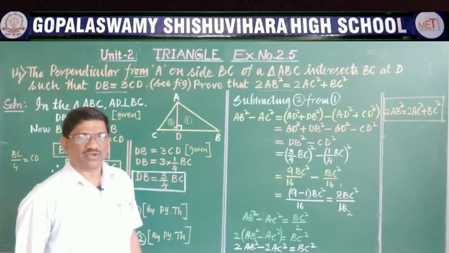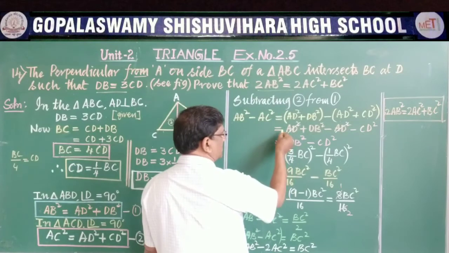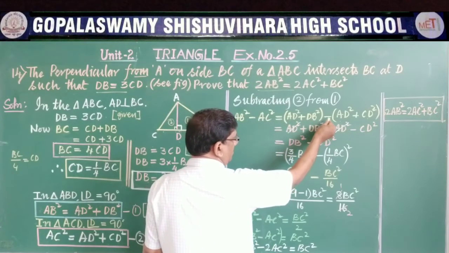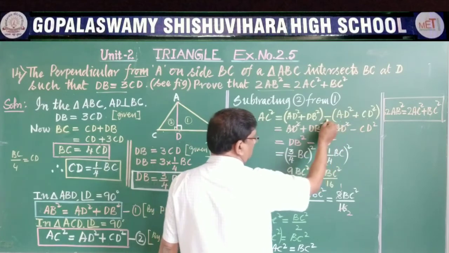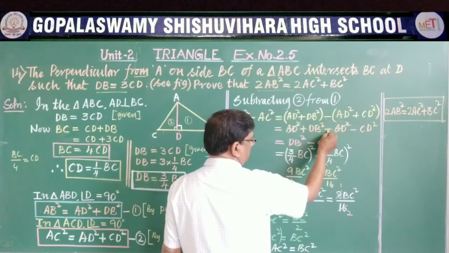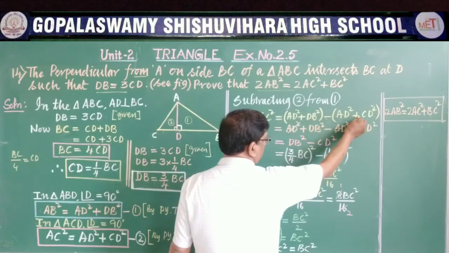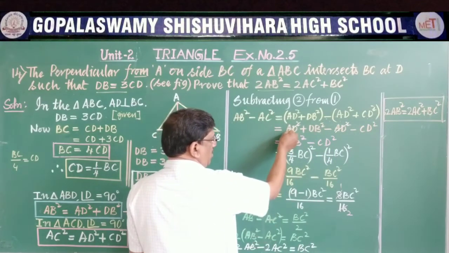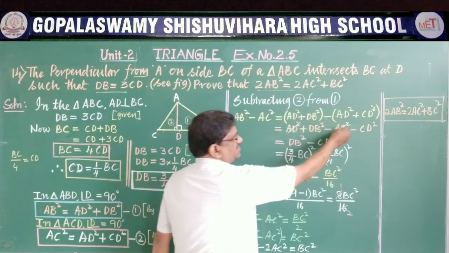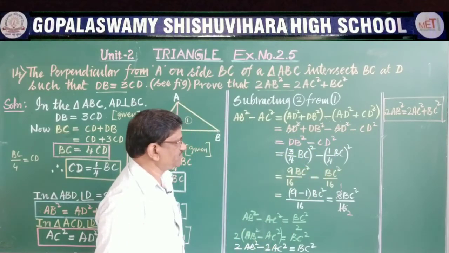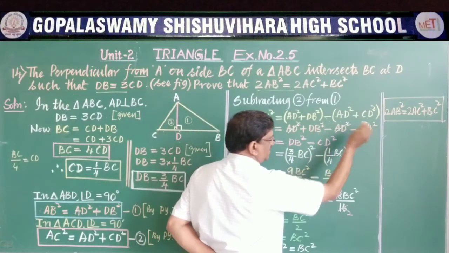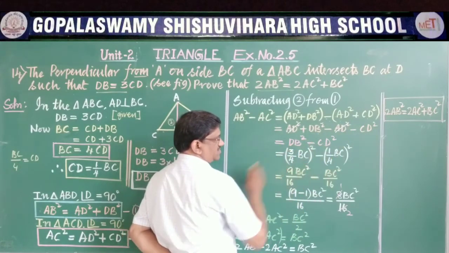Now open the bracket: AD square plus DB square minus AD square minus CD square. Here plus AD square and minus AD square get cancelled. What remained is DB square minus CD square.